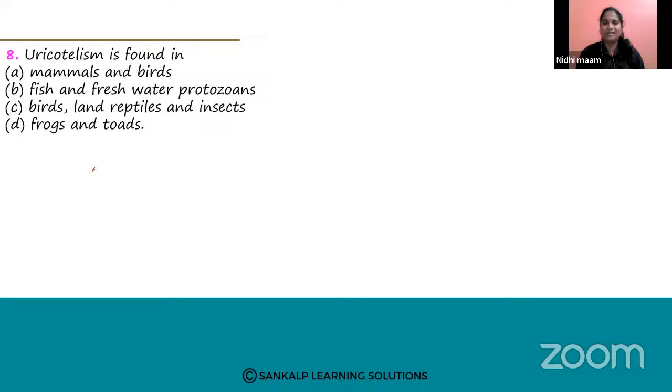Right? Next question. Uricotelism is found in, again the same kind of question. Uricotelism ಯಾವುದ್ರಲ್ಲಿ ಕಾಣಿಸ್ಕೊಳ್ಳುತ್ತೆ? Mammals and birds, fish and freshwater protozoans, birds, land reptiles and insects, frogs and toads. Very easy question.